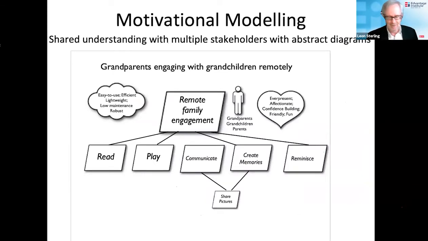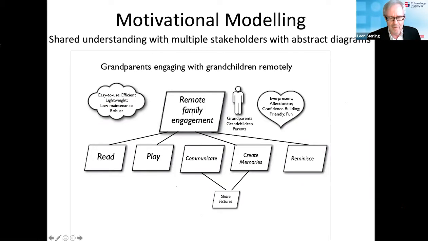So the technique which I'm doing, I'm trying to get people to make it easier to think about emotions. I mentioned very early on the project which I had, which was getting grandparents and grandchildren to have fun together over the internet. So here's an example of the notation and models that I construct.